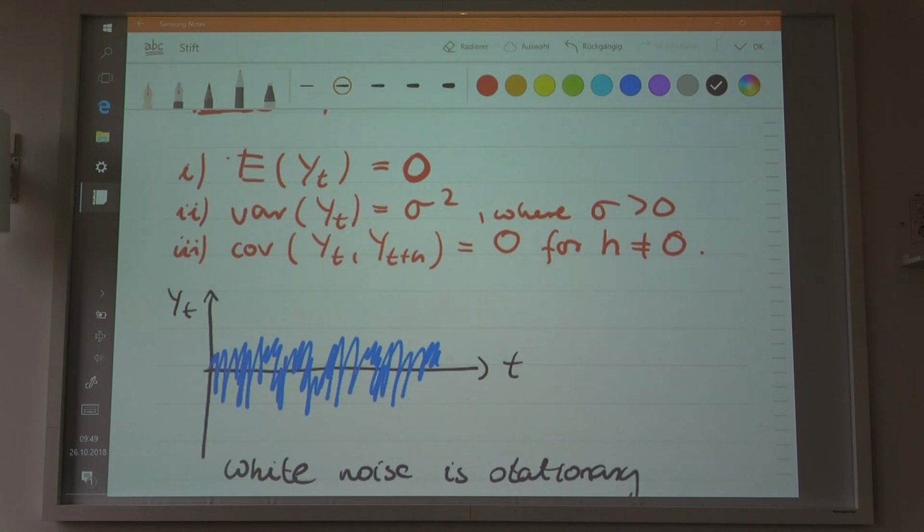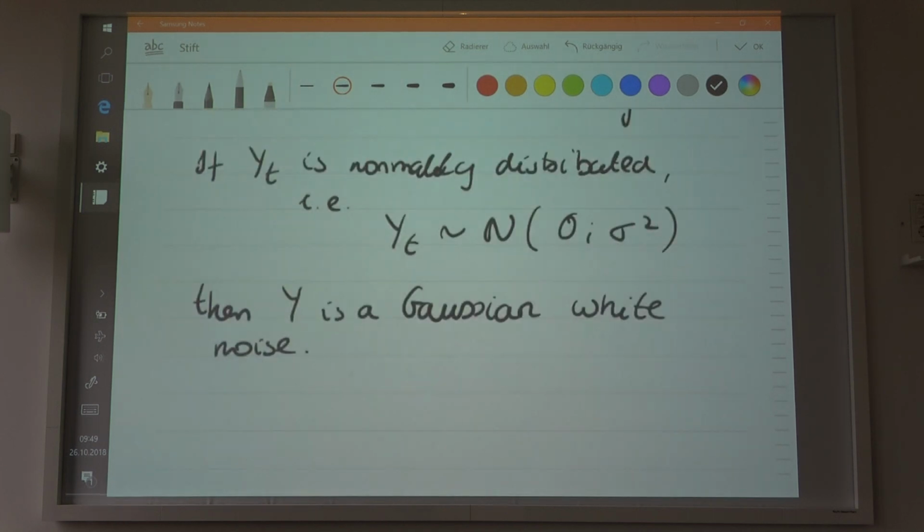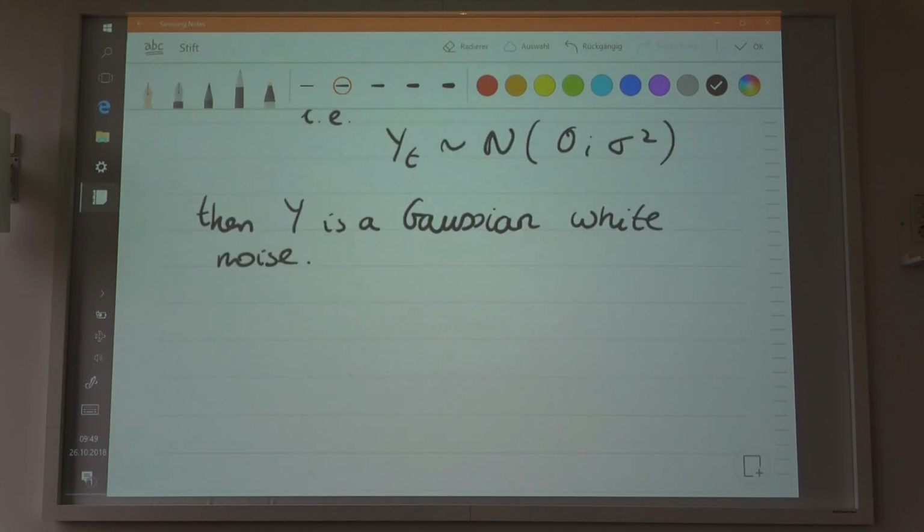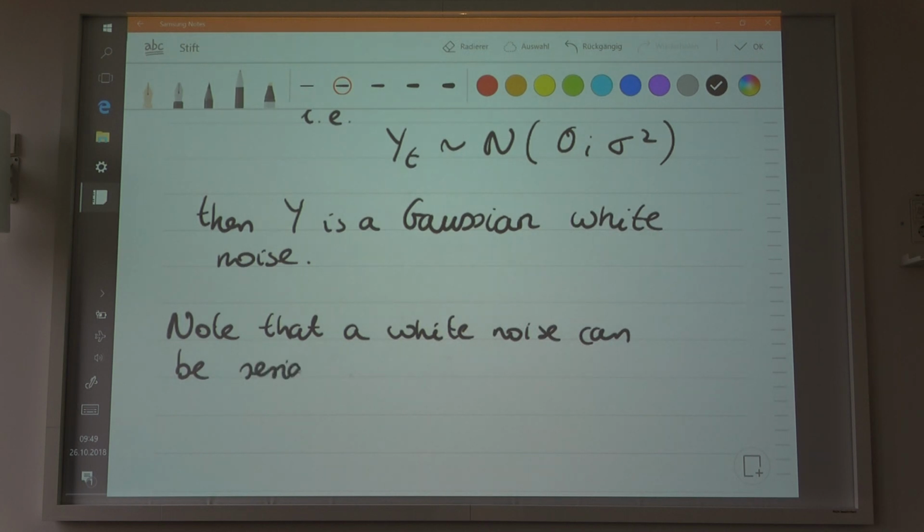So in that case, correlation and dependency are equivalent for the Gaussian white noise, but this is not the case in general. If the distribution is not normal, then the two are not equivalent. So note that a white noise can be serially dependent.